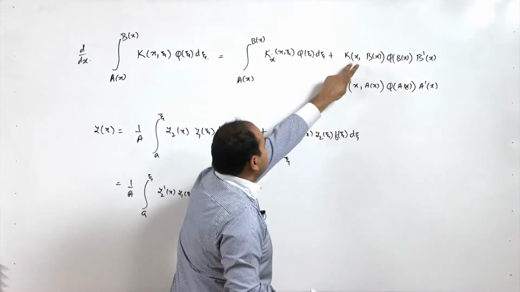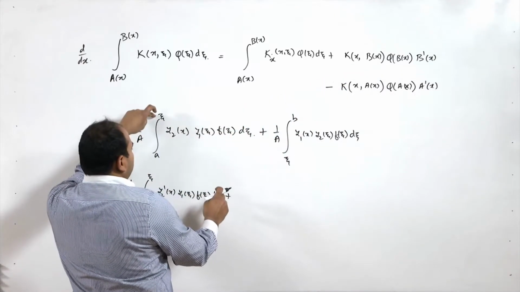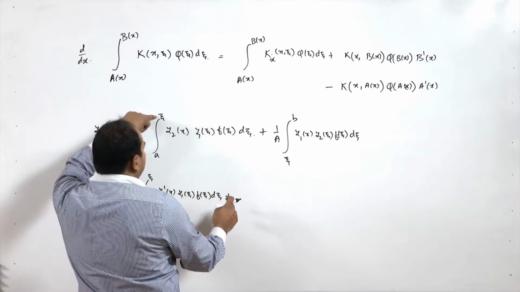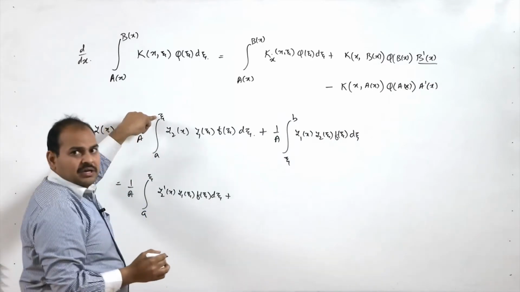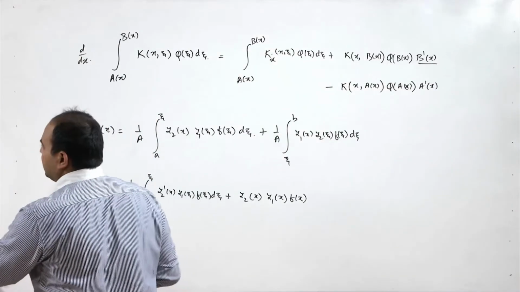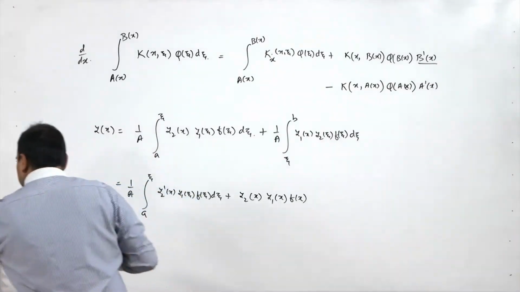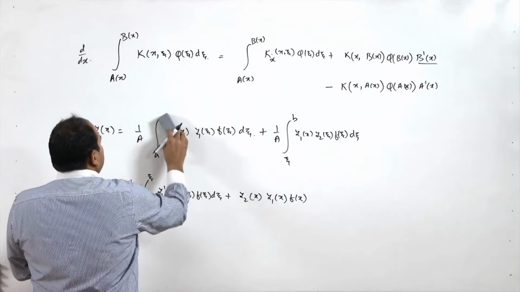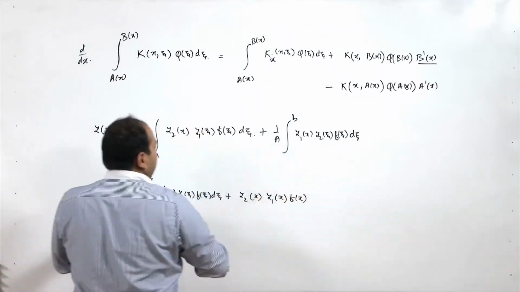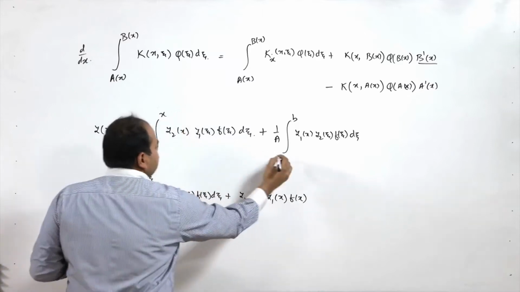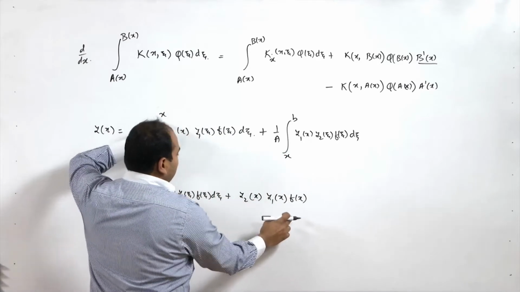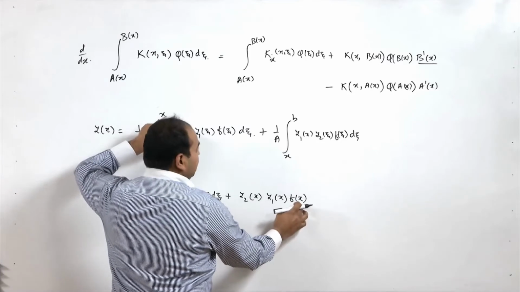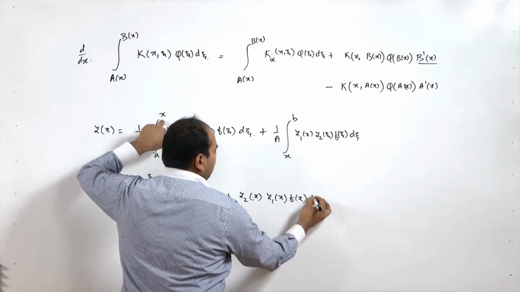Plus if you look at this term, the upper limit is x, sorry, here it is x, not xi. If you take the derivative of this, that is coming out to be 1.